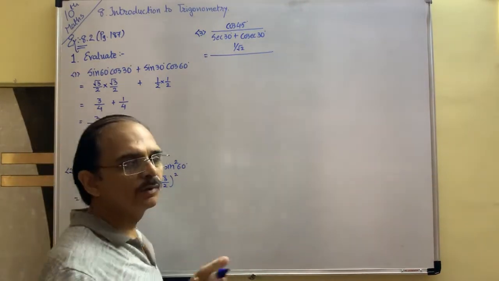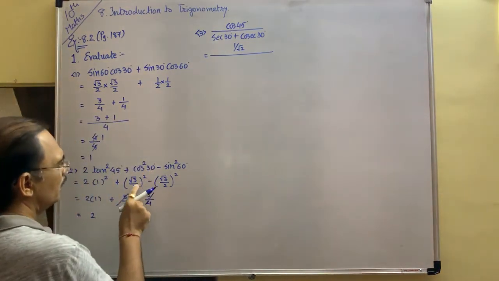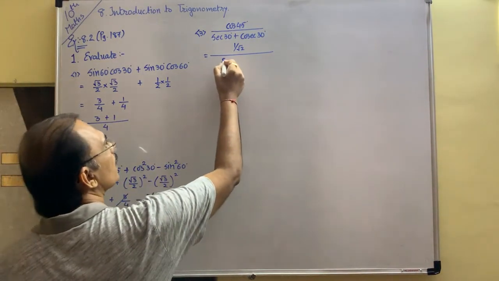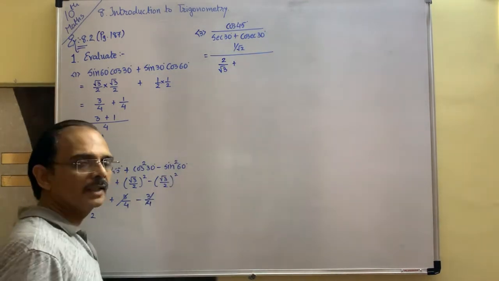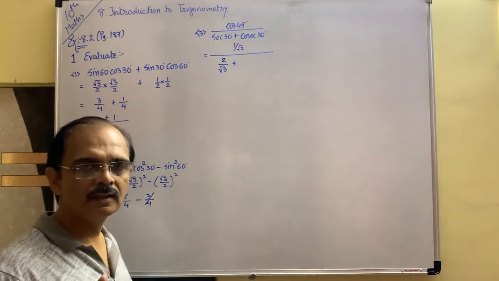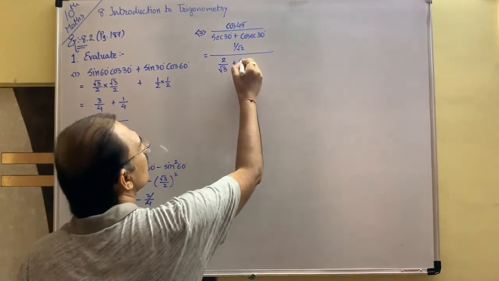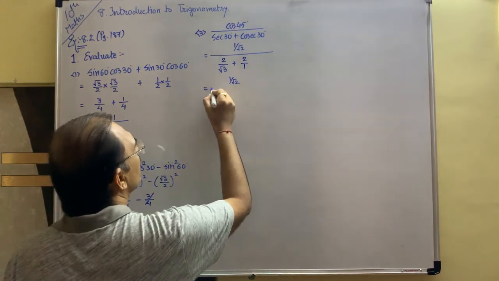Sec is the reciprocal of cos. So think about cos 30. Cos 30 is root 3 by 2. So sec 30 is 2 by root 3. Cosec 30. Cosec is the reciprocal of sine. So think about sin 30. Sin 30 is half, so its reciprocal is 2 upon 1. 1 upon root 2, keep it as it is.